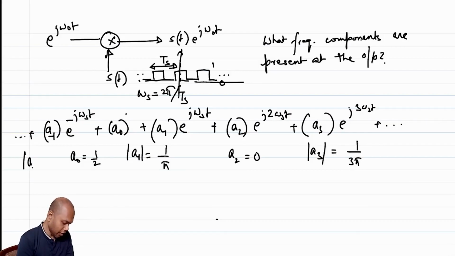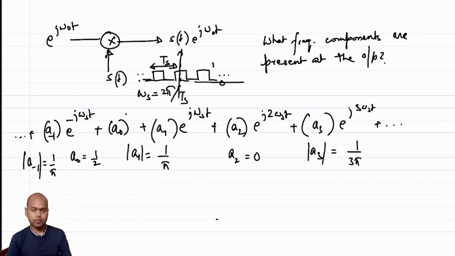Similarly, mod of A negative 1 will be 1 over pi, and so on, right? So if this is the case, then what is the final output, right? Note that it's not like we do not want to take the information of the phase, but we are only interested right now in the strength of the signal. And to gauge the strength of the signal, it is sufficient to know the magnitude part of the coefficients of each of the Fourier terms, right?